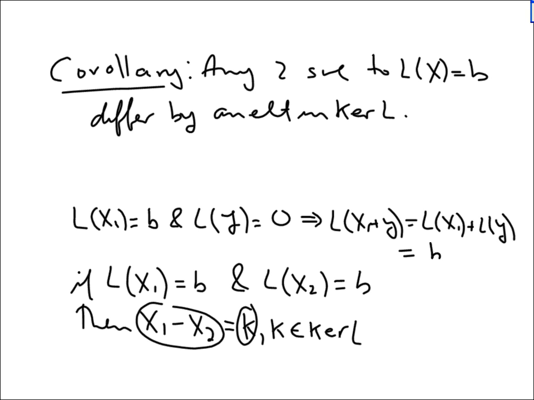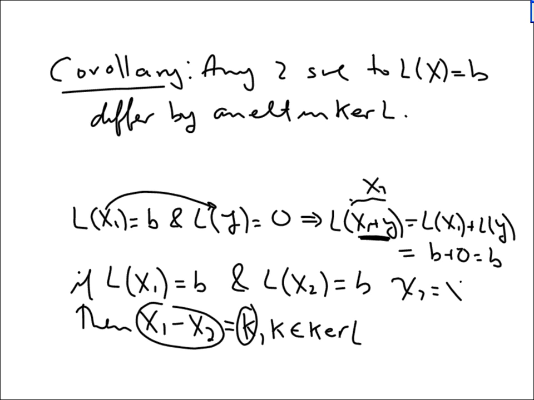L of x1 is b plus L of y is 0. And b vector plus a 0 vector is the b vector. Notice that this vector, x1 plus y, we'll call that whole thing x2.